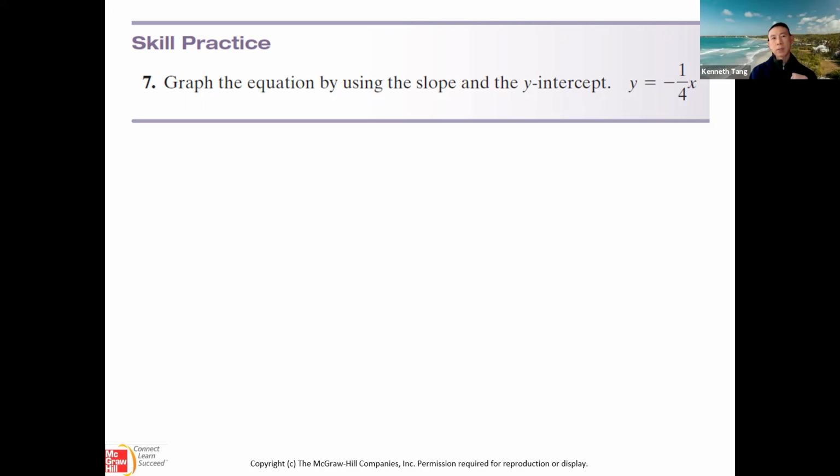Find out where your y-intercept point is, and rewrite that slope to know whether you want to go up or down, to your right or to your left. With that slope, you can see you're going to go down 1 unit and then go to your right 4 units. Go down 1 unit, go to your right 4 units, and then you can just connect the 2 points to graph that equation.